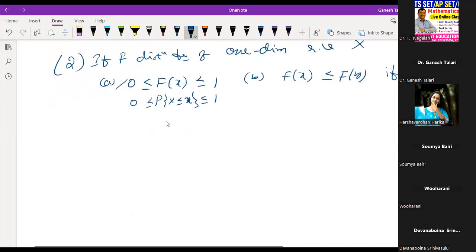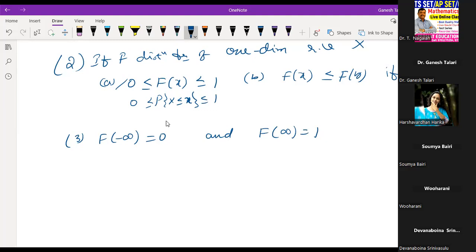And the third property is F of minus infinity is equal to 0 and F of plus infinity is equal to 1.